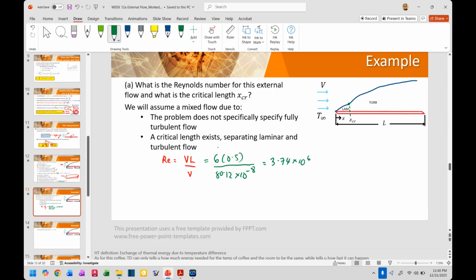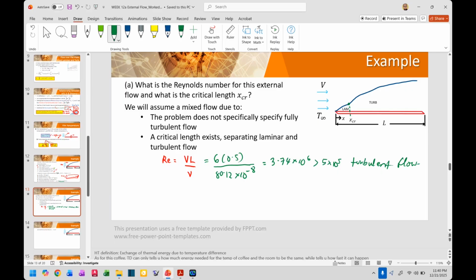So in the bigger picture, this flow over the flat plate is a turbulent one because it is more than the critical Reynolds number of 5E5, right? So this is a turbulent flow. So why is it a mixed regime flow, laminar plus turbulent, rather than a fully turbulent flow?